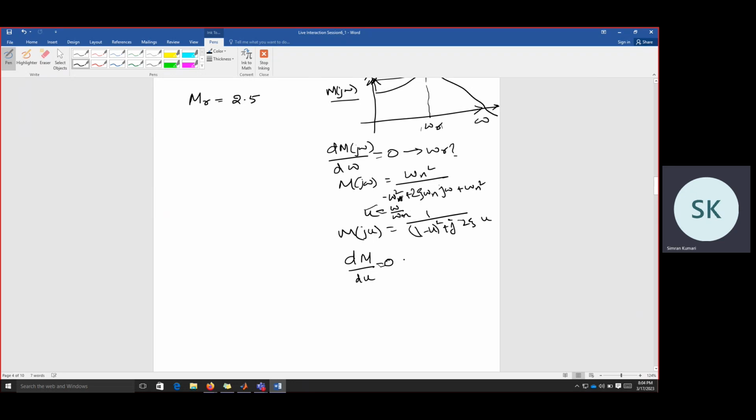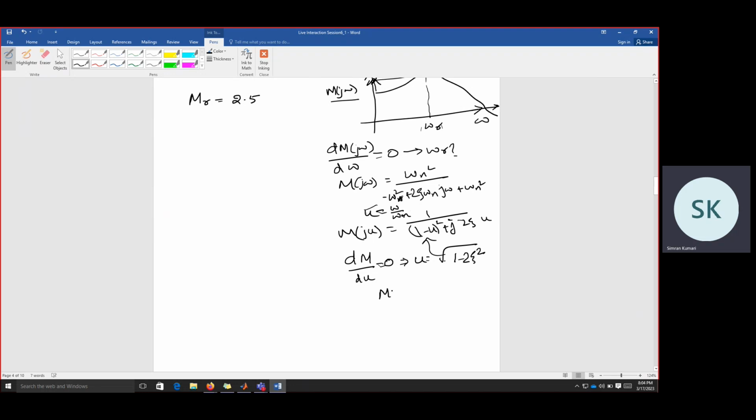and equate it to 0. What is the value of u that we'll get? This will be the square root of 1 minus 2 zeta square. If this is substituted in this one, then we get the value of peak response.